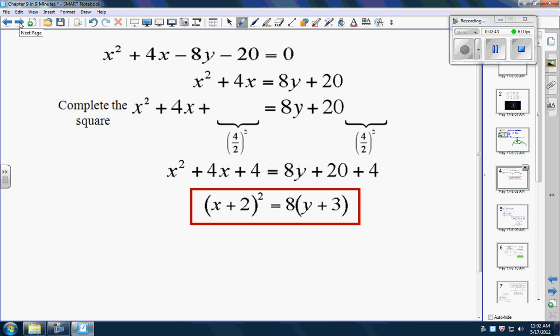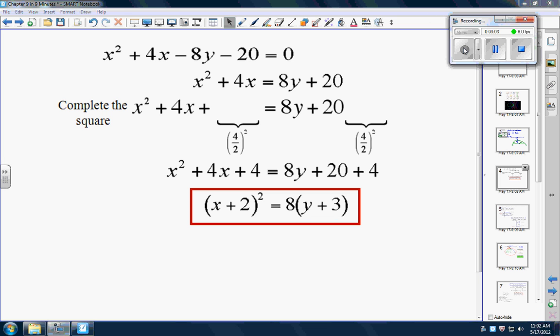Here's an example of completing the square with parabolas. We know it's a parabola because it just simply has one squared term here. We know it's an x squared, so it's going to open either up or down. You can see all the work here. We complete the square, we get it to here.